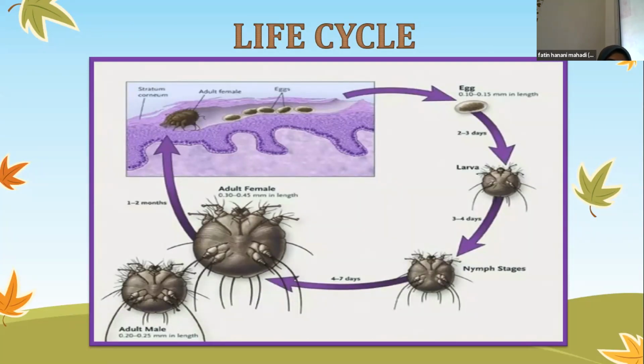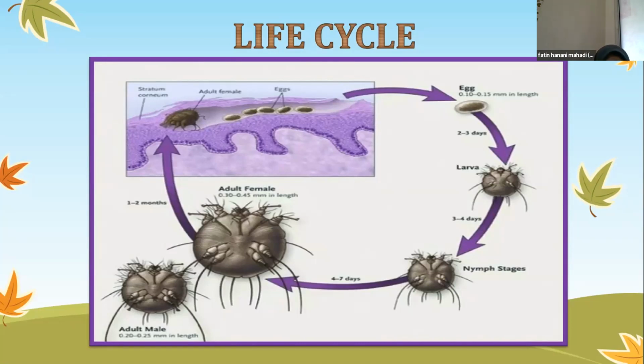will never go deeper than the stratum corneum. The female, as you can see in the slide, makes a burrow or digs into the stratum corneum. Then the female deposits the eggs, which are oval in shape, 0.1 to 0.15 millimeter in length.